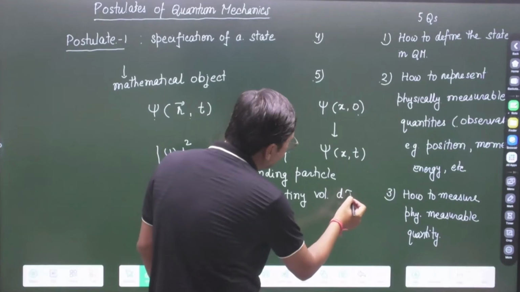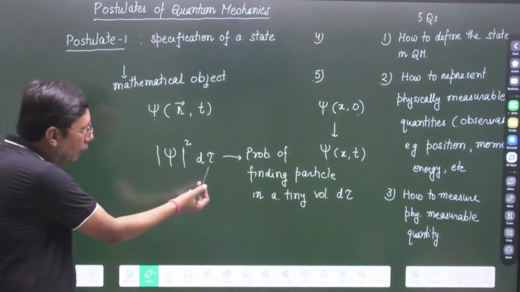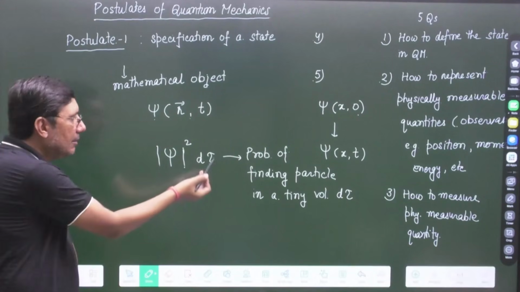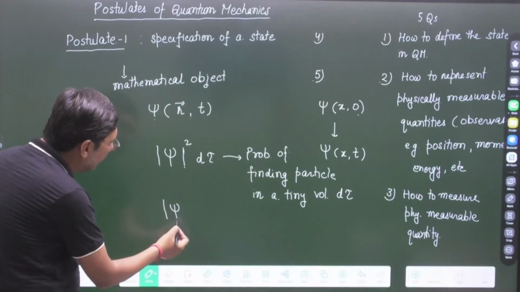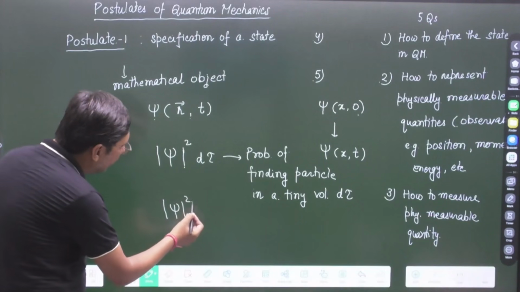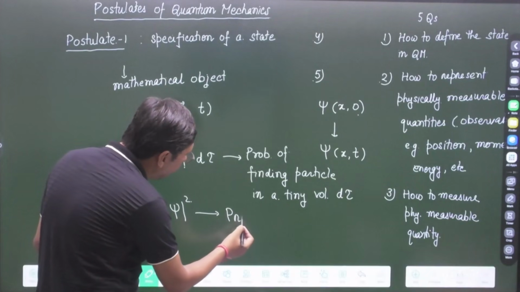You can also write it as dV. Because volume is multiplied by this quantity and this gives me probability, we define this as probability density. So this is called probability density.